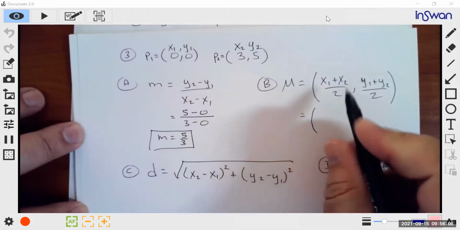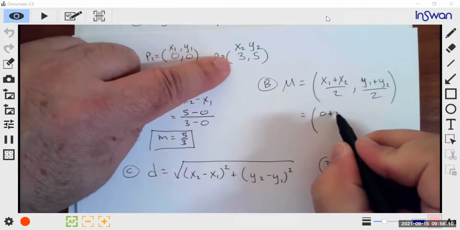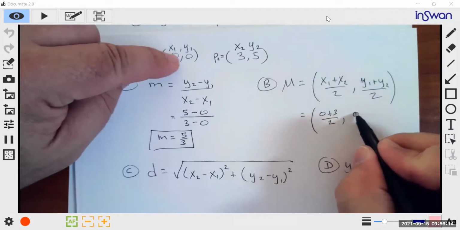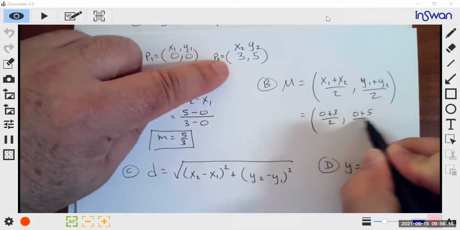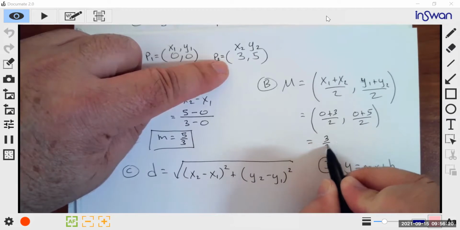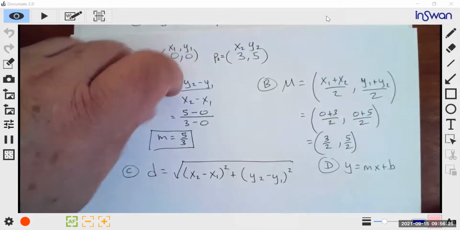The midpoint: x1 is 0, x2 is 3, y1 is 0, y2 is 5. Add them together, divide by 2. 3/2, 5/2. That's the midpoint.